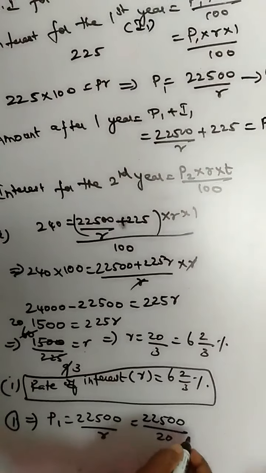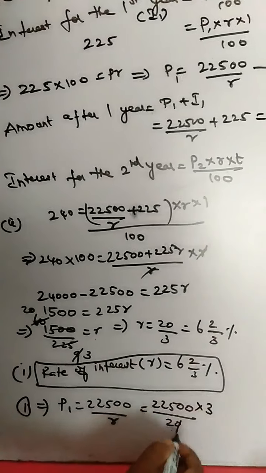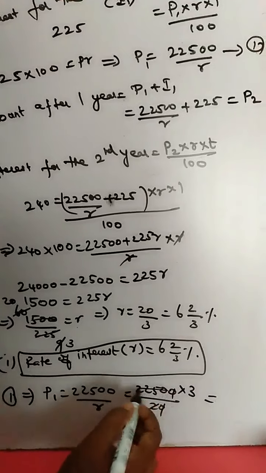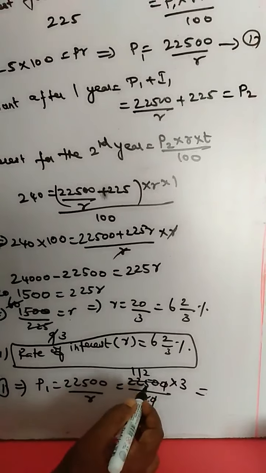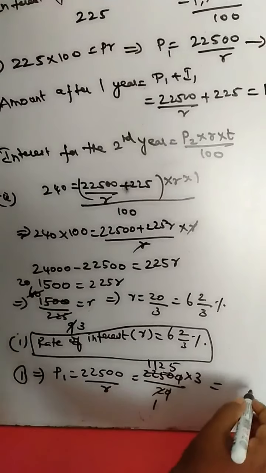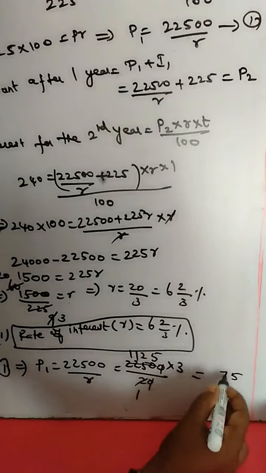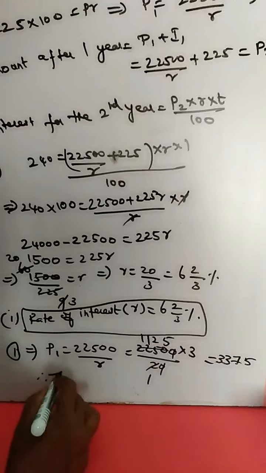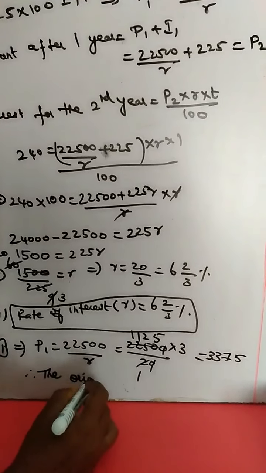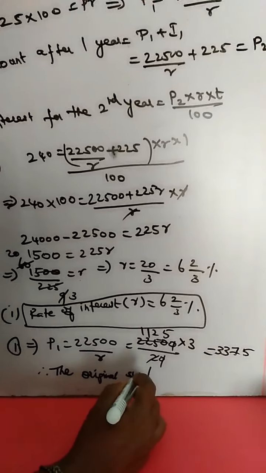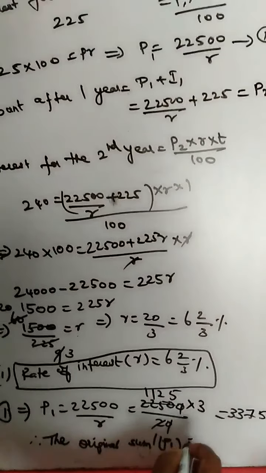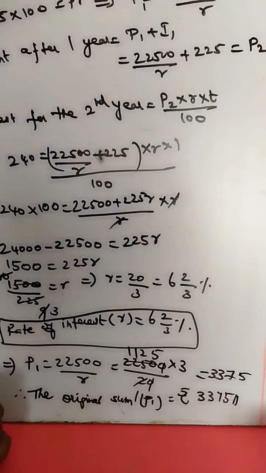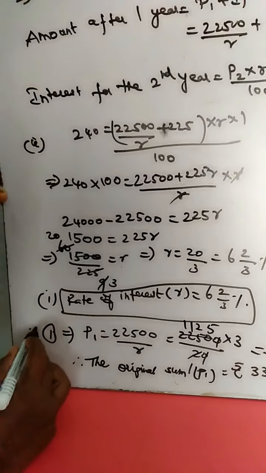I am going to substitute that here. Cancelling by 2 table, this becomes 1 and so on, and we get 3375. So the original sum, P1, equals rupees 3375, which is the second answer we wanted to find.